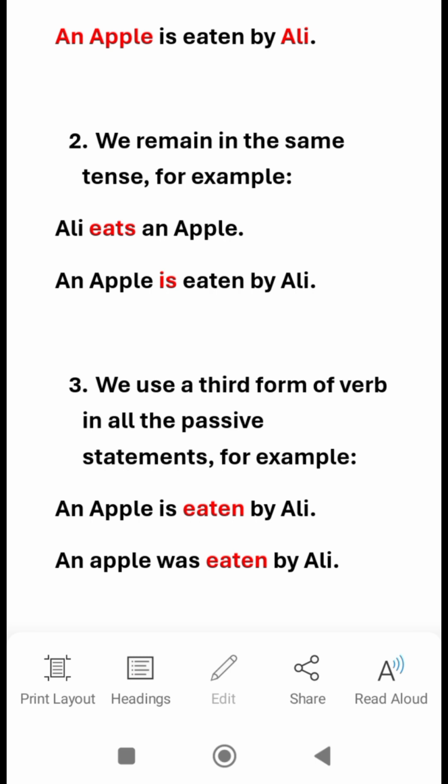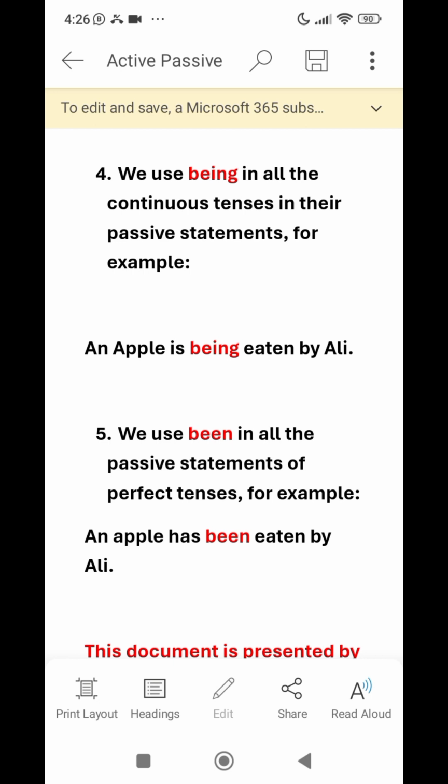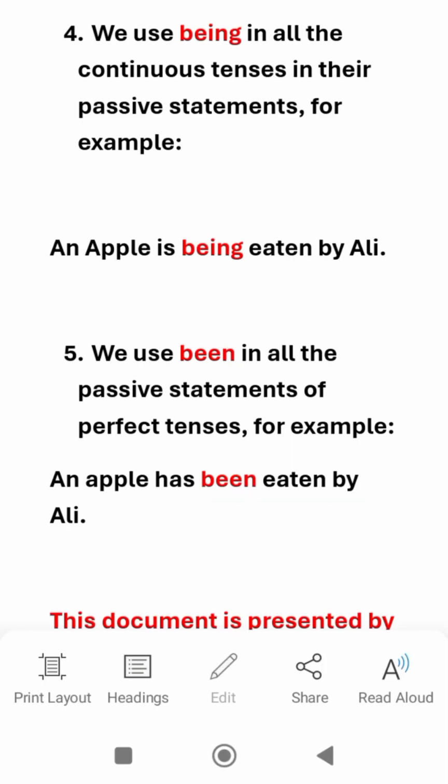Now let's move further. Now we're going to see the fourth rule for converting an active statement into a passive statement. We use being in all the continuous tenses and their passive statements. जितने भी continuous tenses हैं उनके passive statements में हम basically being use करते हैं. Being is like verb be plus ing.